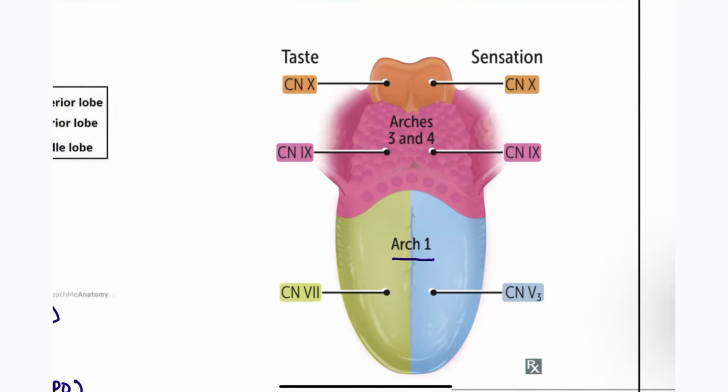Next, we have the filtration barrier, or we can say the filtration unit. It is going to consist of the basement membrane. Along with that, the basement membrane will be covered by the endothelium.